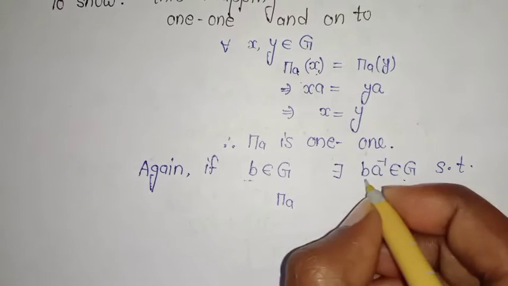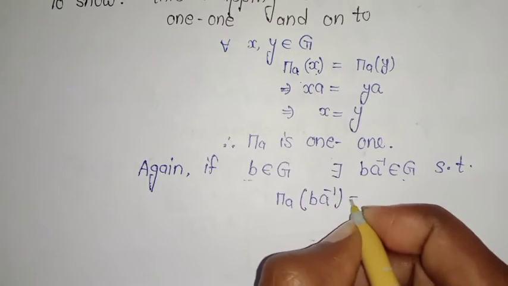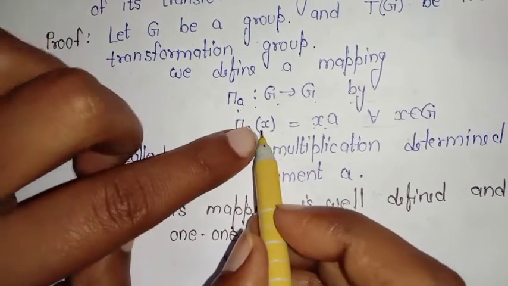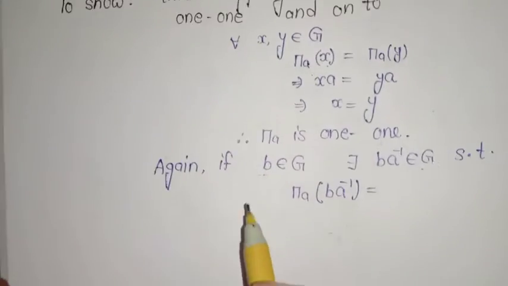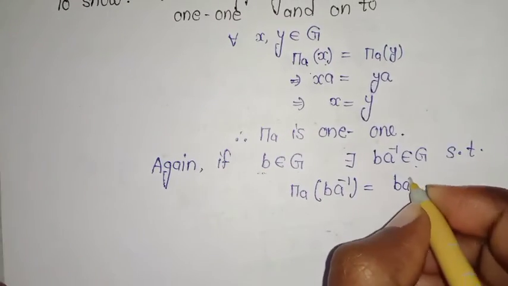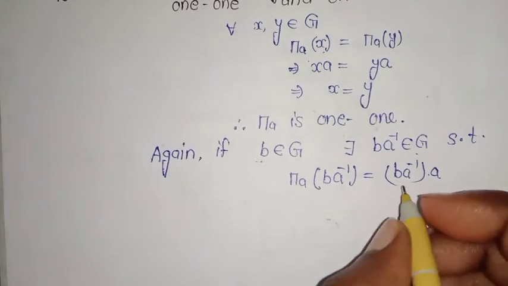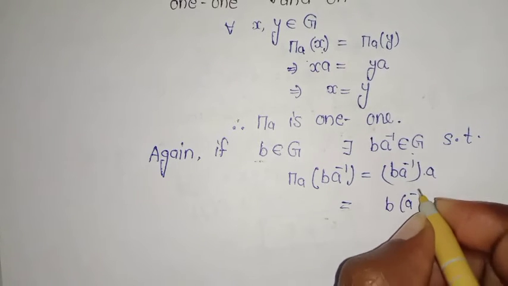If we apply pi_a over b a inverse, then by the definition we get (b a inverse) a. Using the associative law, this becomes b (a inverse a).